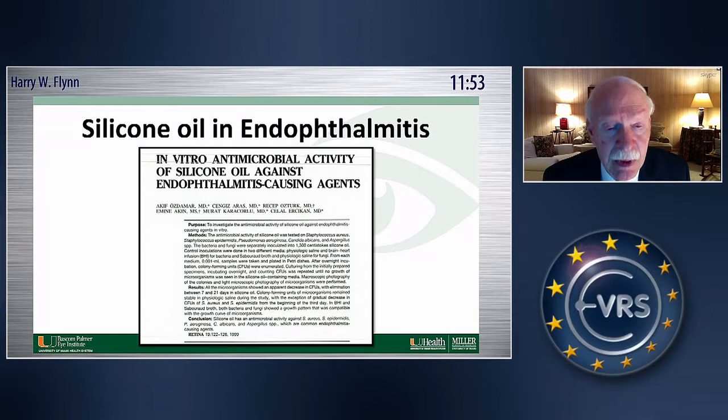This paper was important because it showed in an in vitro study that silicone oil can reduce the growth of both bacteria and fungi. We know that clinically because it helps us in bad cases to achieve resolution of infection. Next slide, please.